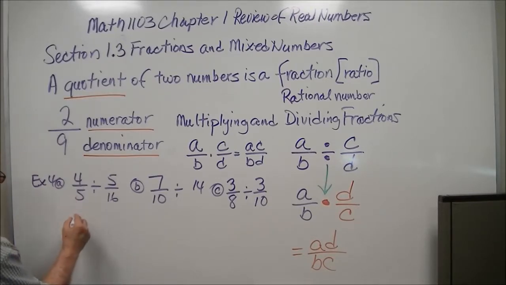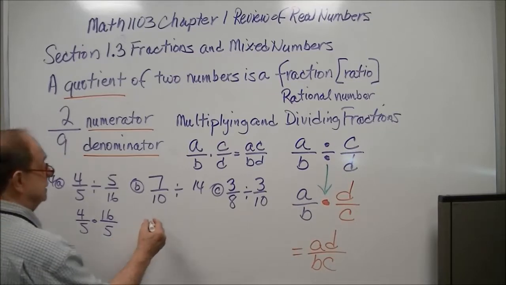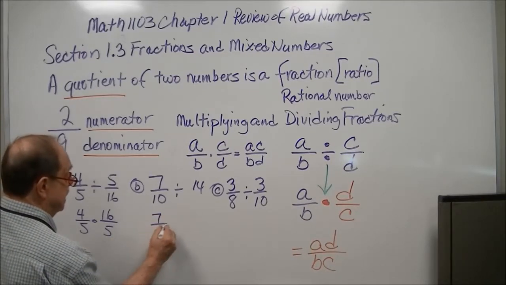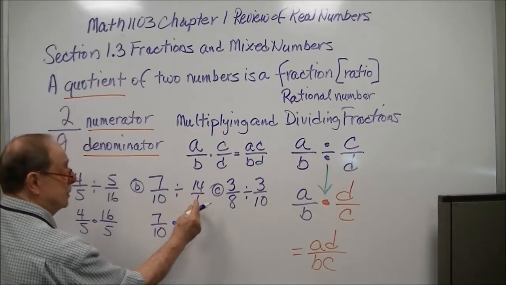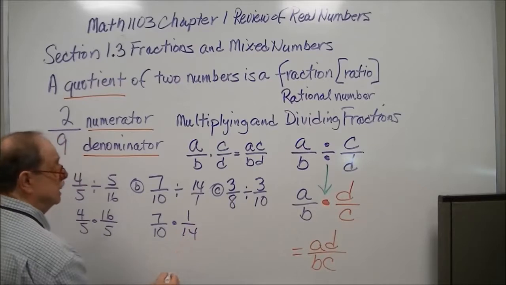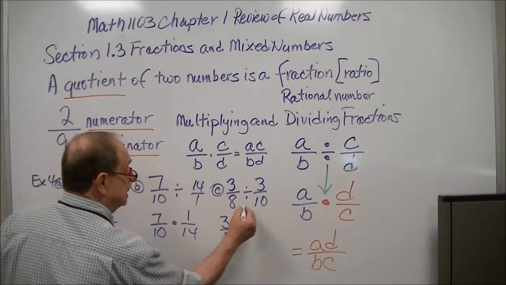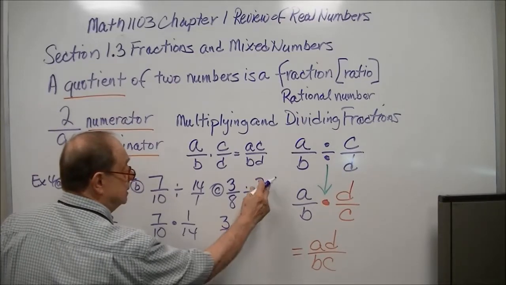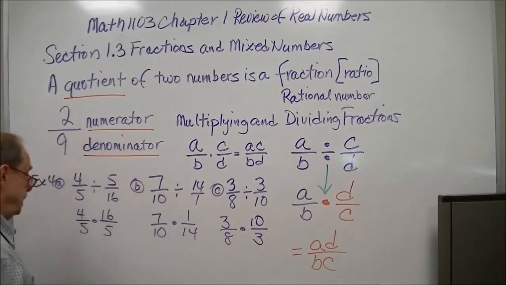This is going to become 4/5 times 16/5. This is going to become 7/10 times, now every number's over 1, so 1/14. And then this is going to be 3/8, change the division, take the reciprocal of that, 10/3.